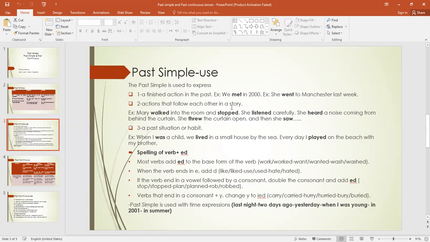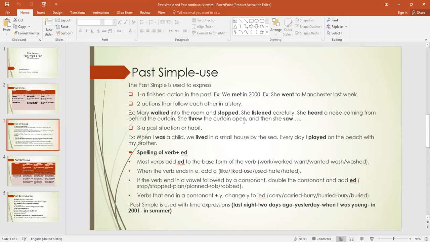Past simple can indicate events that follow one another in a particular story. Like Mary walked into the room and stopped. She listened carefully. She heard a noise coming from behind the curtain. She threw the curtain open and then she saw.